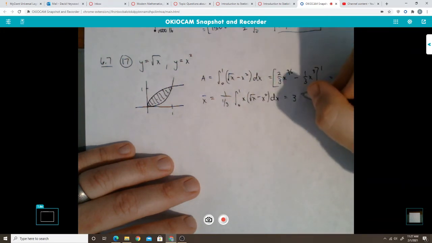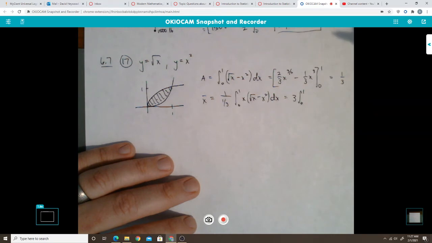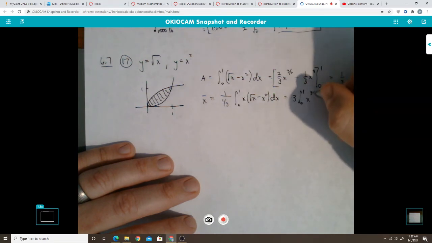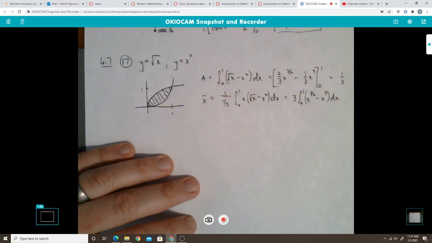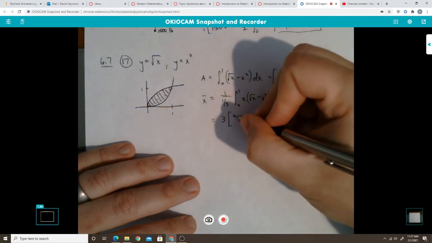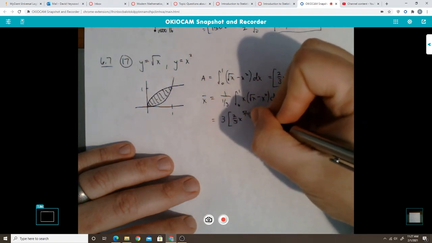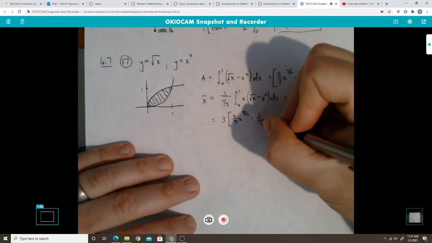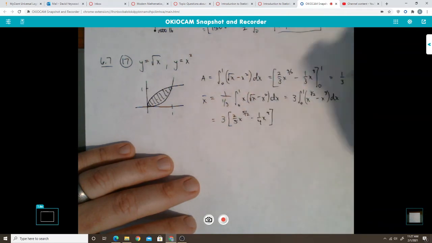Okay, so that's 3 times the integral from 0 to 1 of x to the 3/2 minus x cubed dx. And now we integrate. We're going to get 2/5 x to the 5/2 minus 1/4 x to the 4th, evaluated from 0 to 1.